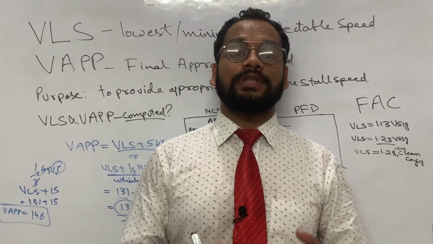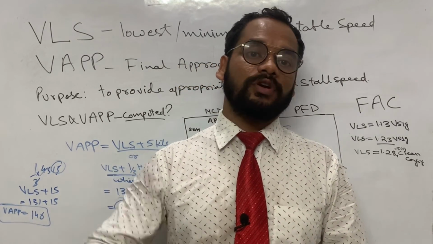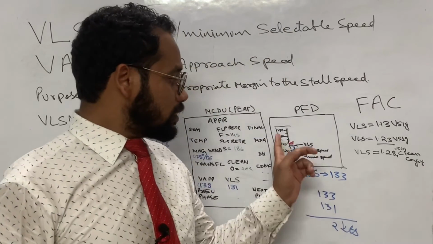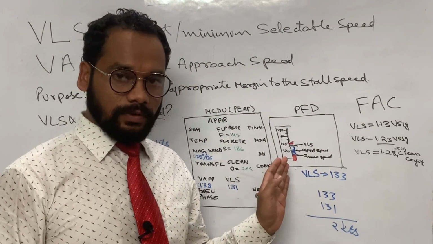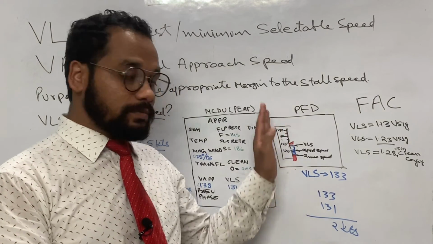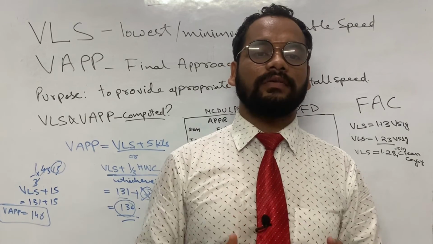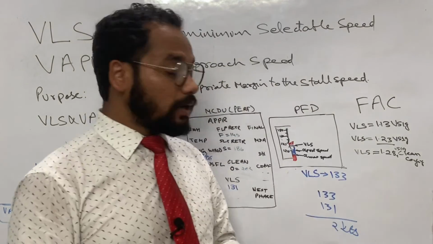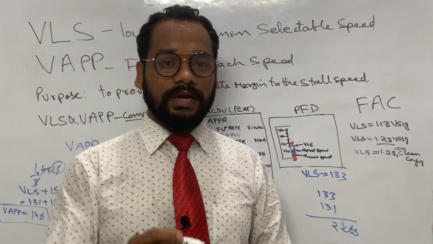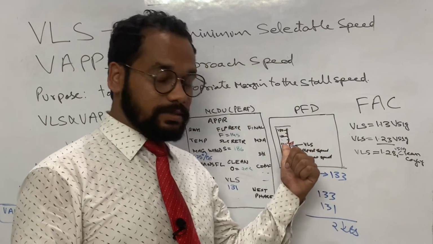Next, a very important thing about VLS is, if you have lost both the FACs, or if you have put off both the FACs, then all the characteristic speeds, in which VLS is also included, will be lost from this PFD. In that case, the SPD LIM flag, which is red in color, will appear in this speed scale.